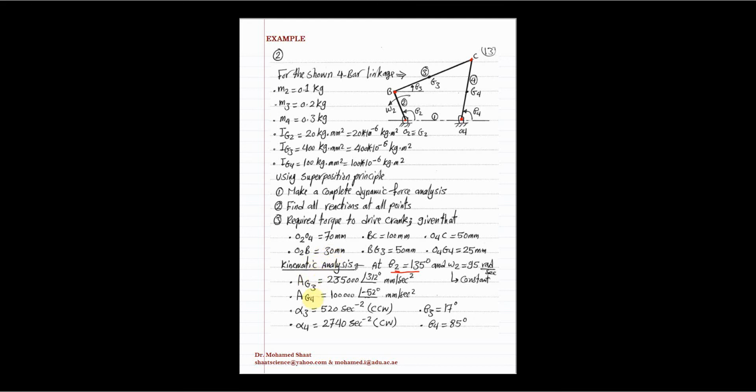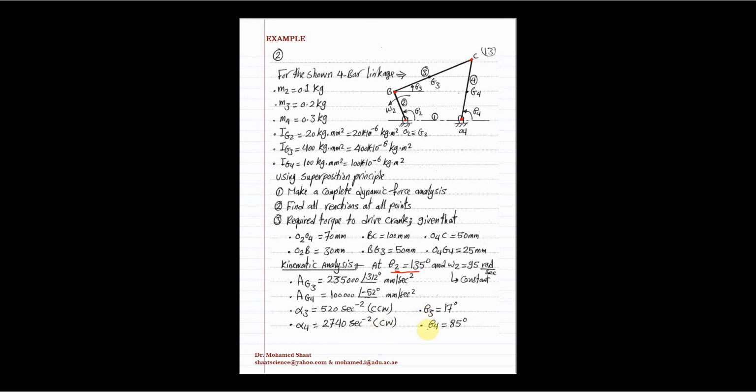Also, the angular acceleration alpha 3 of link number 3 is given as 520 radian per second square, and its direction is counterclockwise, but alpha 4 is 2740 radian per second square, and its direction is clockwise.